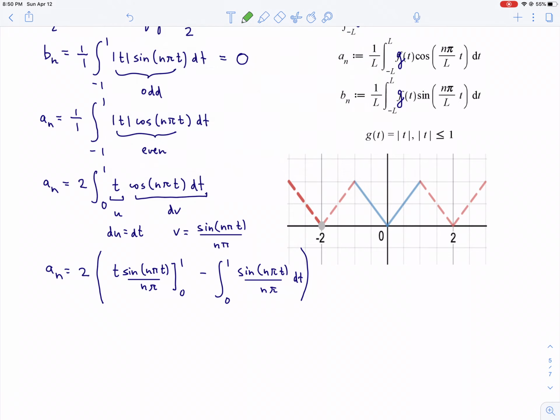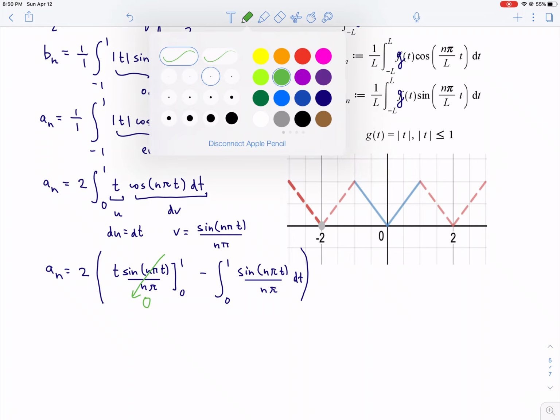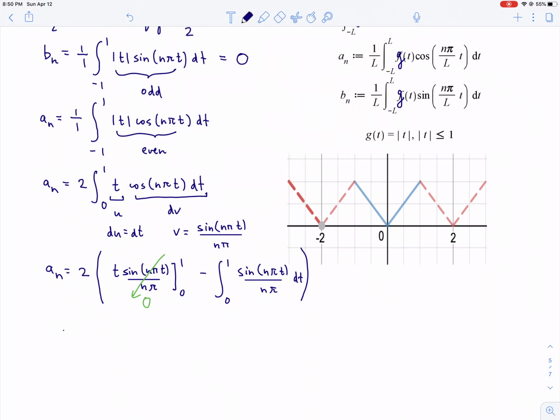The evaluation at the endpoints goes to 0 because sine of n pi is 0. When we look at the integral inside the parentheses, I can think of that minus as being inside, in which case the antiderivative is plus cosine n pi t.